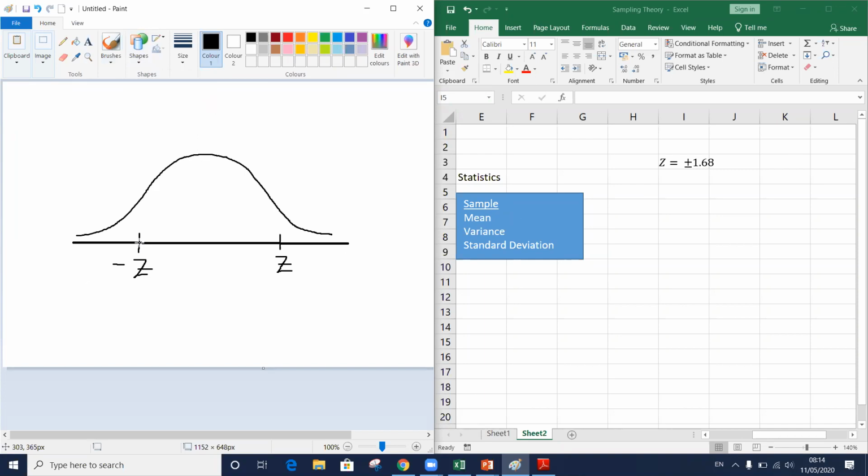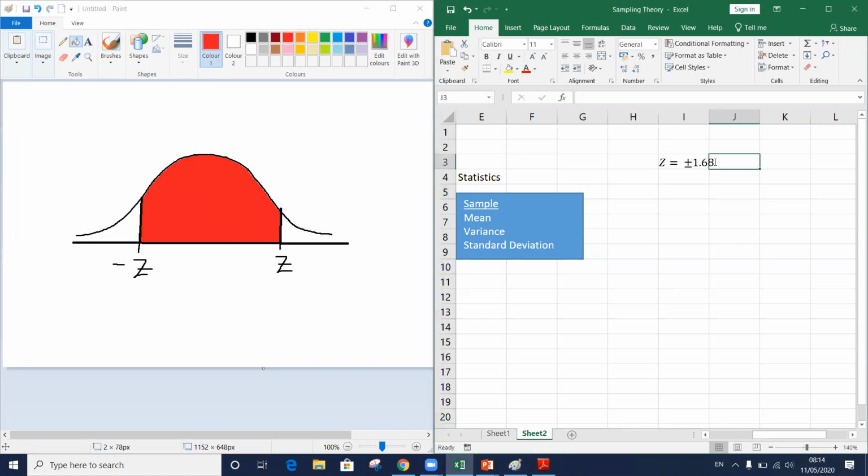What will be the probability in this area?